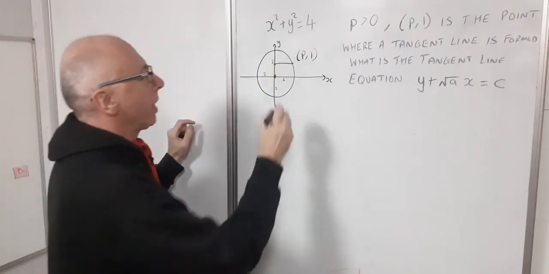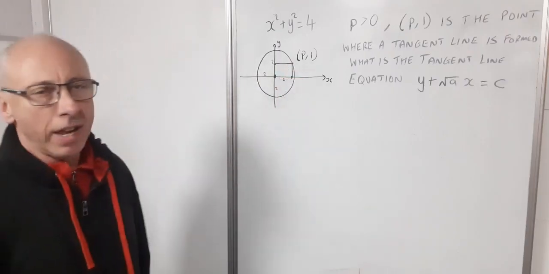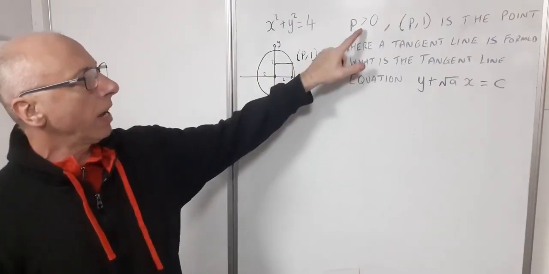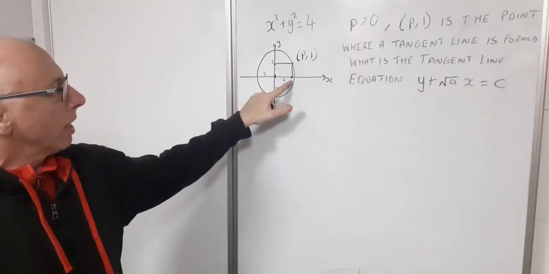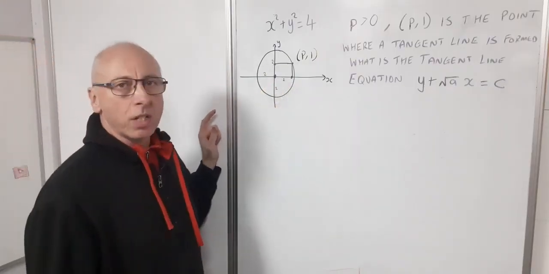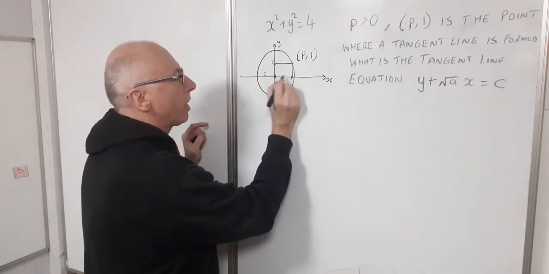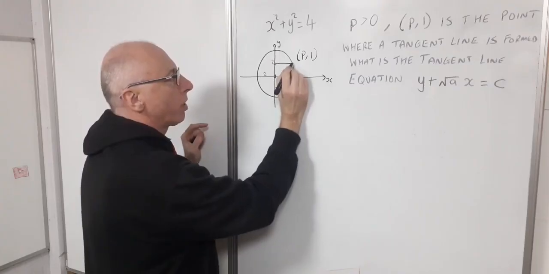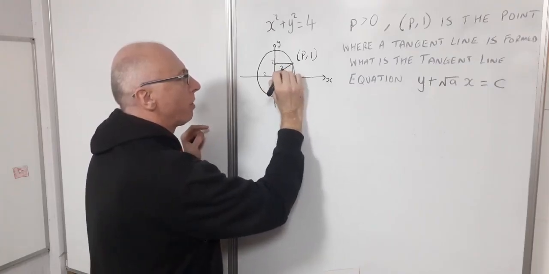Now what we want to find out is where it comes down and touches our x-axis. That would give us the value of p. So how do we work out where that point is? Well, a good geometry question here. We can see it's a circle. This is our centre. This is a radius of 2. This is a radius of 2. So if you take this point here where the tangent line is formed, we also get another radius of 2.